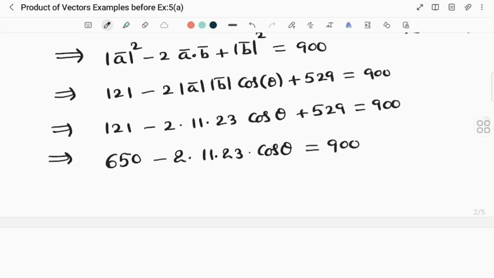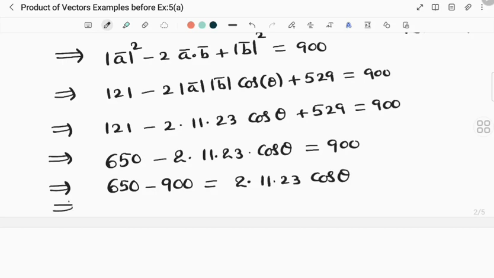Now, 650 minus 900, how much will it be? 250. Am I right? It is better to write it step by step. 650 minus 900 is equal to 2 into 11 into 23 into cos theta, that is minus 250 equals 2 into 11 into 23 into cos theta.